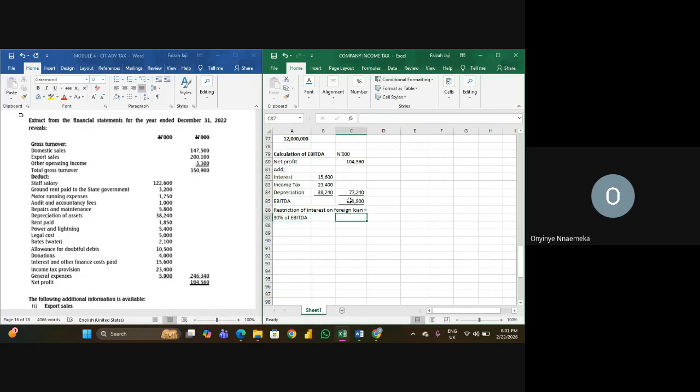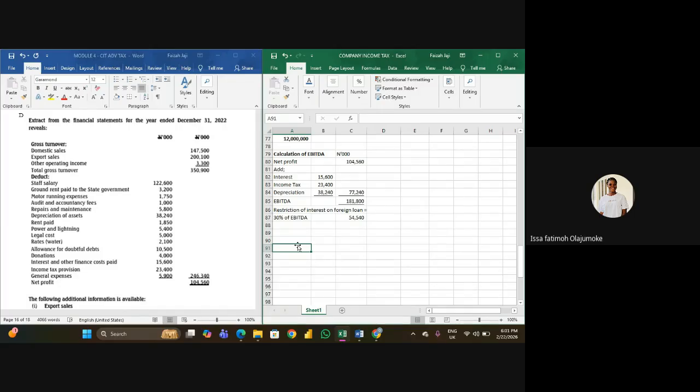So let's just calculate it here. 30% of EBITDA equals 0.30 multiplied by this figure, 54.5. Remember that we have the figures in thousands. So you compare 54,550 million and 12 million. Which one is higher?